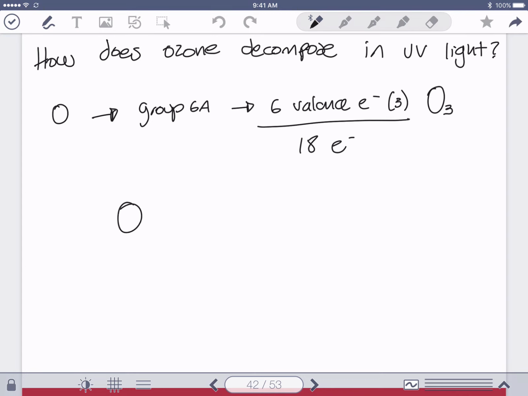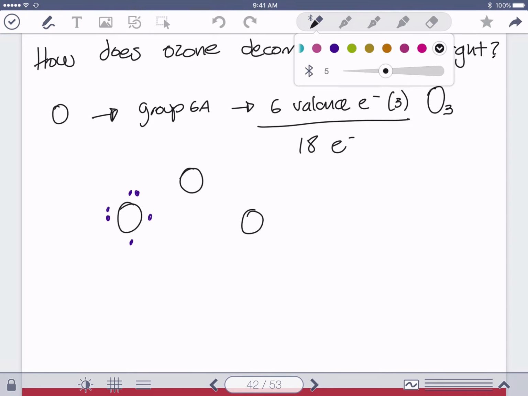When I look at oxygen, a single oxygen atom is going to have 1, 2, 3, 4, 5, 6 electrons around it. So let's draw our next oxygen atom and our next one. I'm going to use different colors so we can see what happens with the electrons of each of these. 1, 2, 3, 4, 5, and 6.